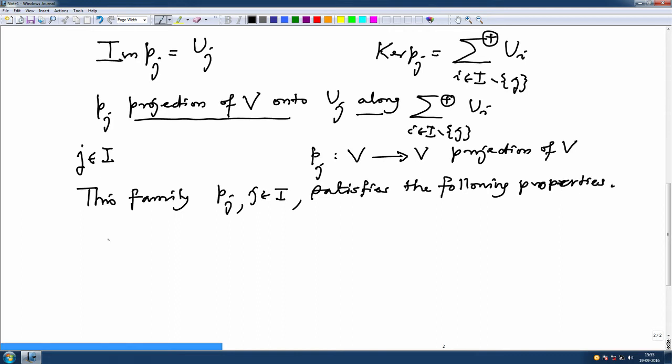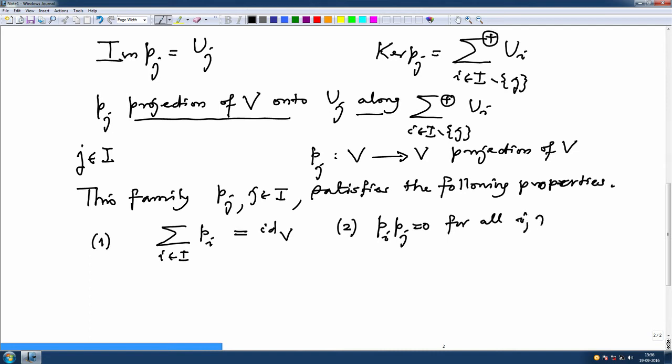Okay, the first one is the summation, I have to be a little careful here, the summation over i in I of Pi is the identity on V. Second, Pi composed with Pj is 0 for all indices i and j which are different, i not equal to j.